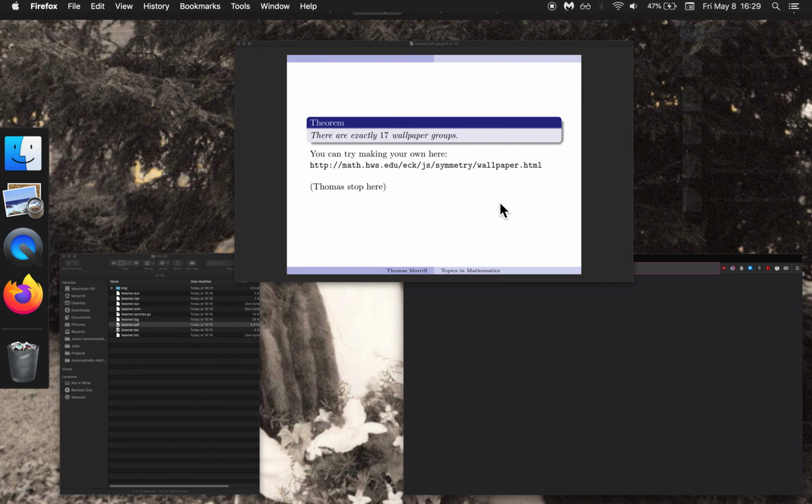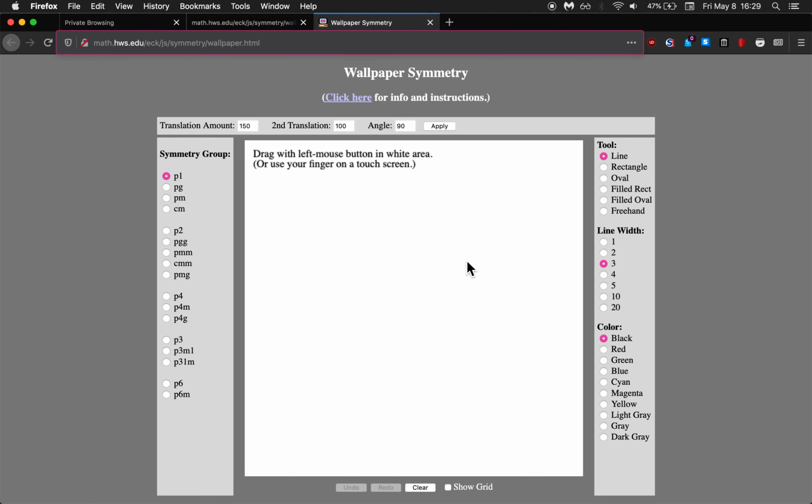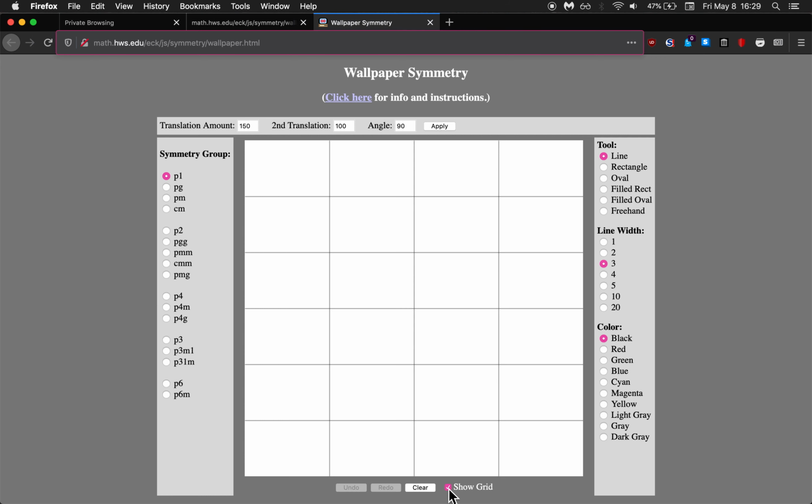And I didn't make this. It is a Java app where you can take all the different symmetry group types. I'm going to put on a little grid here. Let me look at the group PG. So I can draw inside of this.